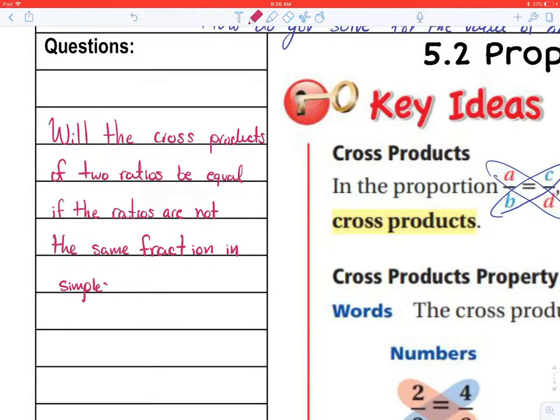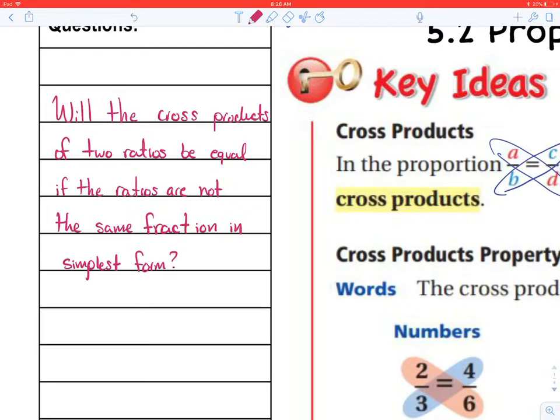So if they don't simplify to the same fraction, are their cross products going to be equal? Well, we just talked about how if the ratios are not proportional, then their cross products are not going to be equal. They need to be the same fraction in simplest form in order for the cross products to be equal to one another, just as we saw here with 2/3 and 4/6.